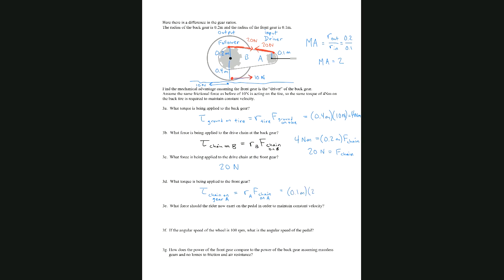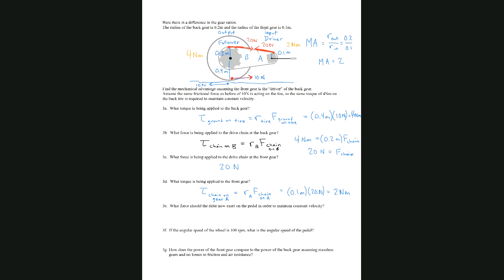Force, 20 newtons. How much torque is it really now? 2 Newton meters. So that's significant. Before, we had 4 Newton meters of torque on this back gear, but now in the front gear, we only got 2 Newton meters. So there's a mechanical advantage there.